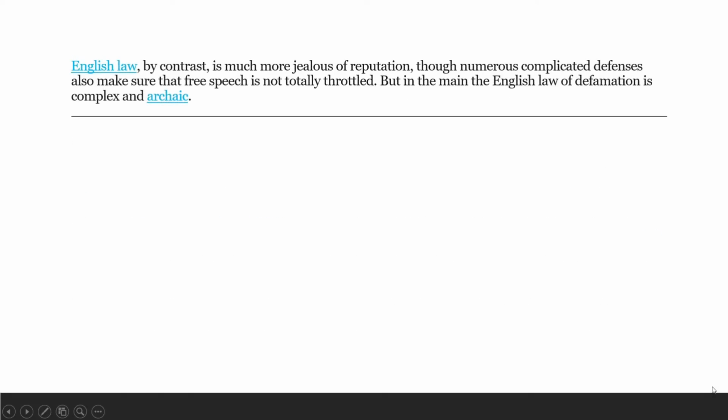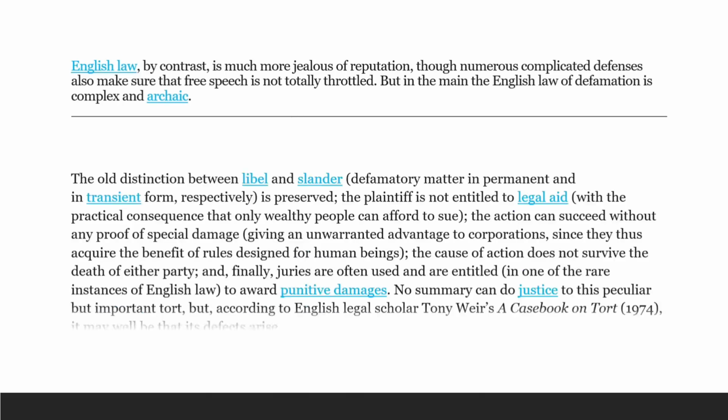English law, by contrast, is much more jealous of reputation, though numerous complicated defenses also make sure that free speech is not totally throttled. But in the main, the English law of defamation is complex and archaic.